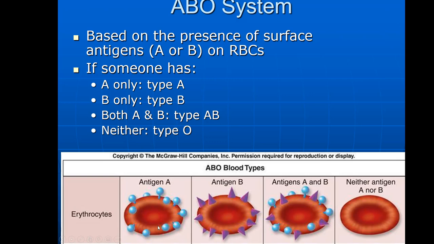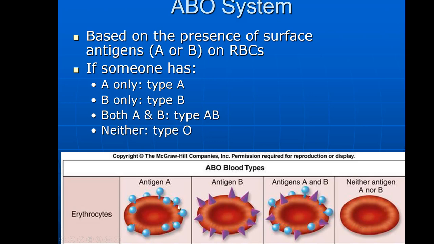In this case, these are not bad. We're just talking about surface antigens on red blood cells. This cell has antigen A, and it looks like they're just blue, that's fine. This red blood cell has antigen B. This one has both, and this one has none. That's the basis for our ABO system.